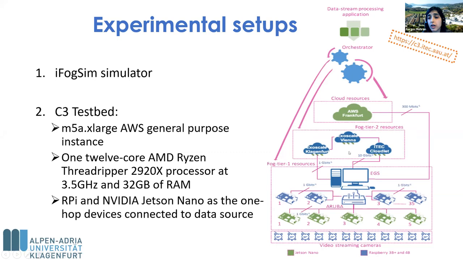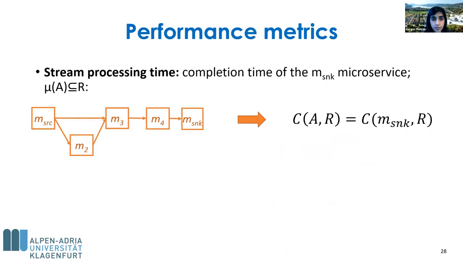It consists of different levels of resources, from the cloud and fog resources, which reside in Vienna and also in Klagenfurt, and at the end they are connected to the lowest level of the fog resources, which are interconnected through an OpenFlow switch, and inside that we have single board computers such as NVIDIA Jetson Nano devices and Raspberry Pi devices.